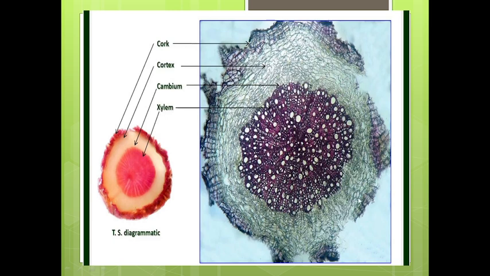This portion is the cork, and this is the cortex, made up of parenchymatous cells and containing some starch grains and calcium oxalate crystals. This is the xylem portion, entirely lignified, consisting of xylem vessels, xylem fibers and xylem parenchymatous cells, alternating with medullary rays which are 1 to 5 cells wide and contain some starch grains. This is about the microscopy of Rauwolfia root.